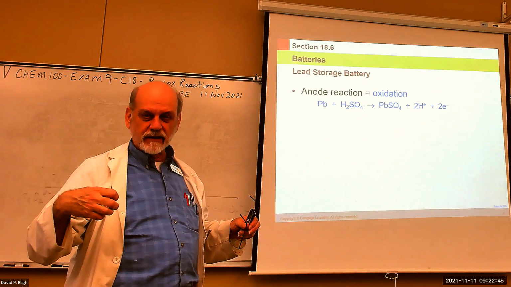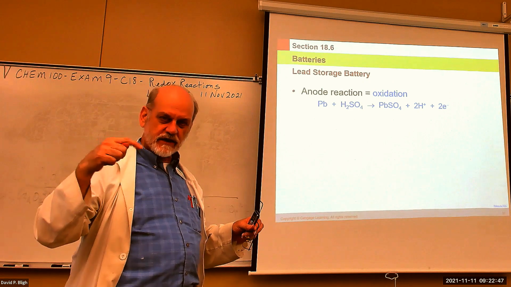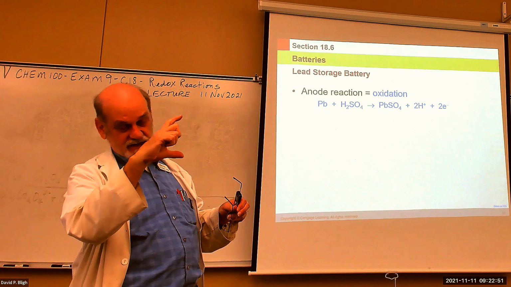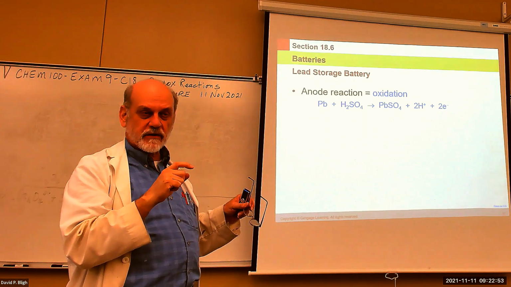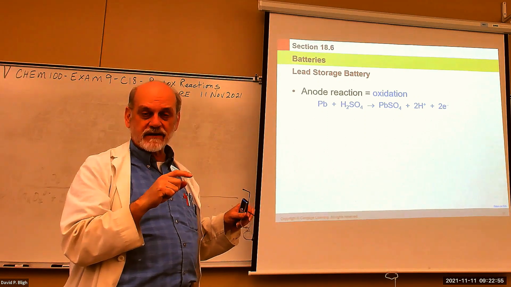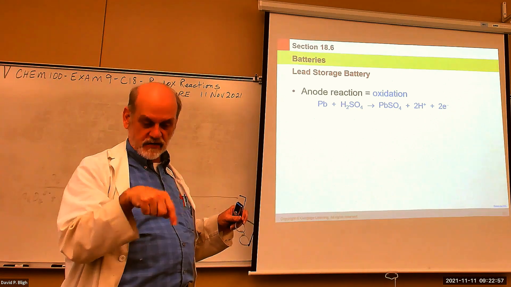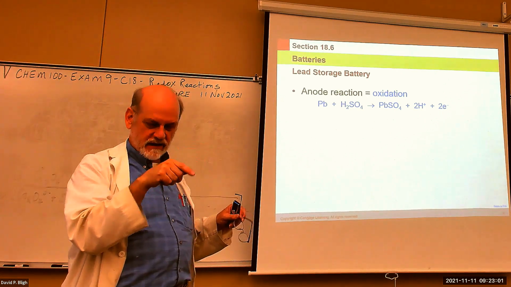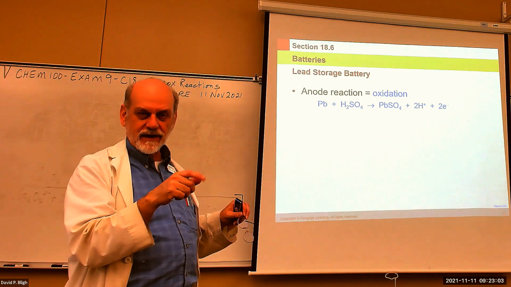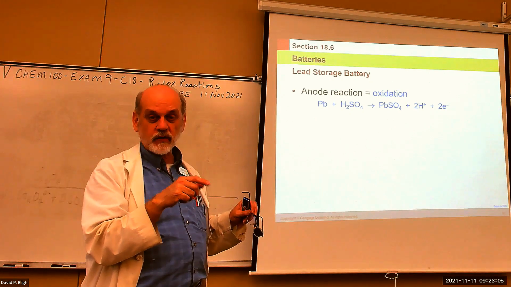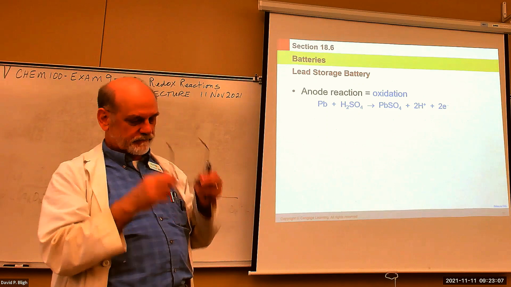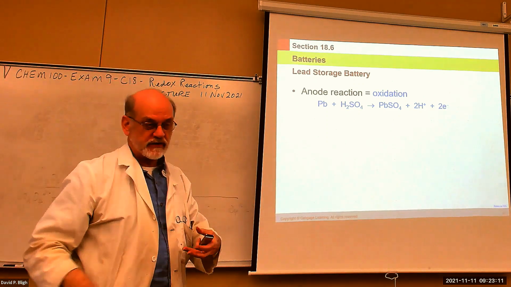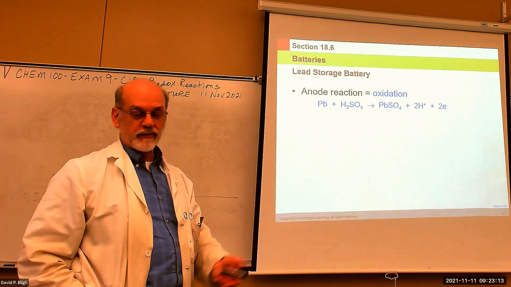You pull the cap out and you'd stick a tube in there to a device and suck some of it up into your device, and it would measure the specific gravity of the sulfuric acid in your battery. And you could tell from the specific gravity of the solution how concentrated it is and whether it was depleted. Most service stations that were full service would do that for you while you filled up with gas.